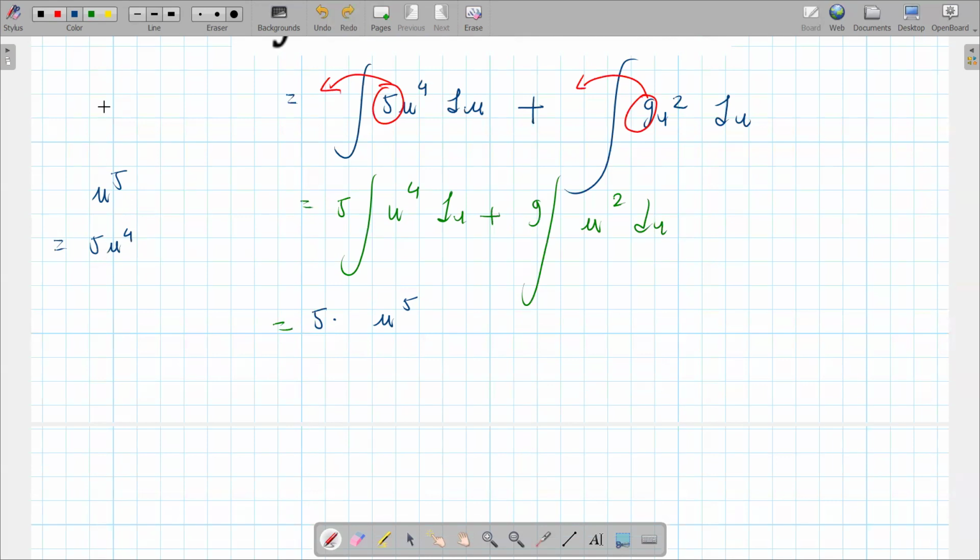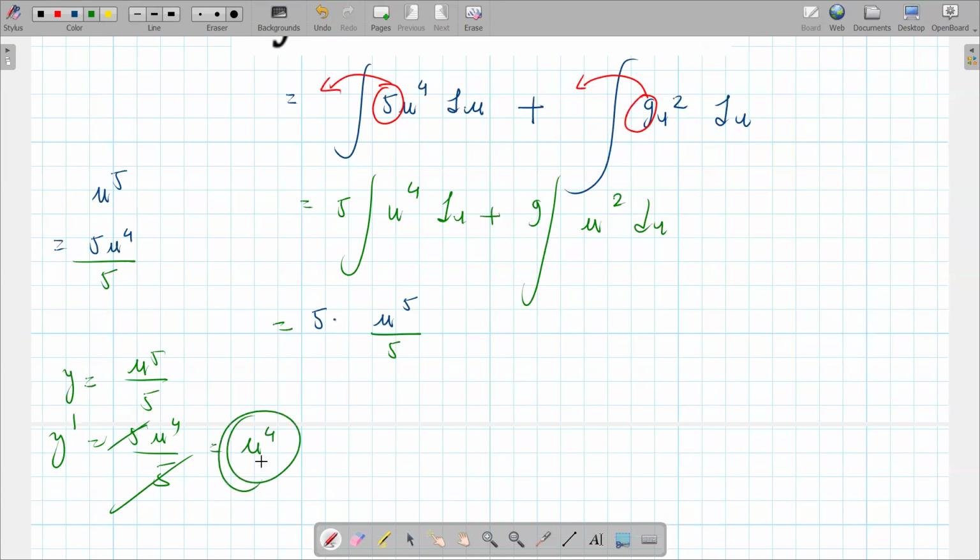So the only way to get rid of that 5 is if you divide by it. So the integral of u power 4 is going to be u power 5 divided by 5. Because now if you look at it, you get 5u^4 over 5, and this 5 cancels out, and you're simply left with u^4. Cool?